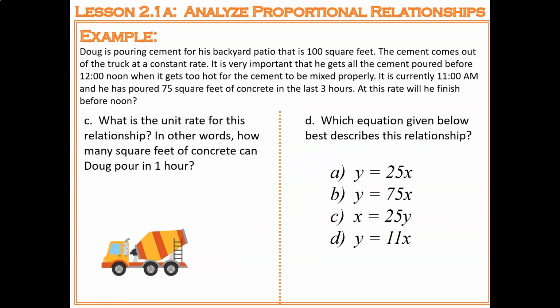Part C says, what is the unit rate for this relationship? We already found that by taking your Y divided by your X. Doug can pour 25 square feet of concrete per hour.